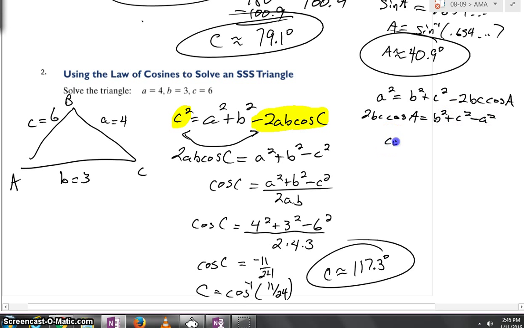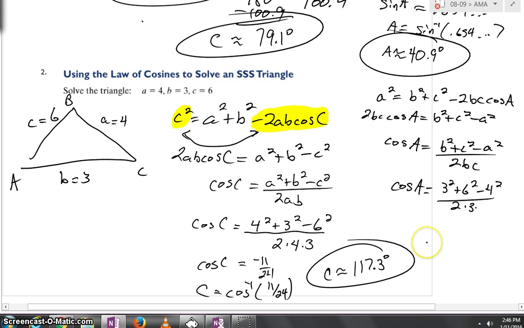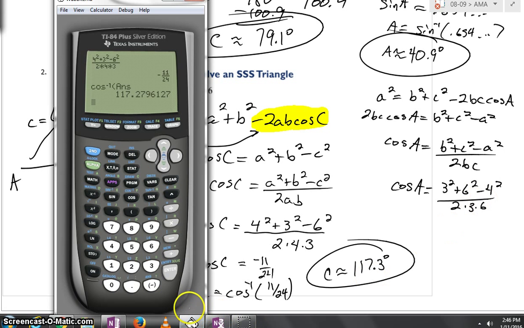And then you're just dividing, and all of a sudden kids are going to look at this and say, wow, this is so amazingly close to the last thing that we just did. The only difference is you've got slightly different numbers in there. Your B is a 3 here. 3 squared plus 6 squared minus 4 squared over 2 times 3 times 6. And once again, you can get that calculator up there.